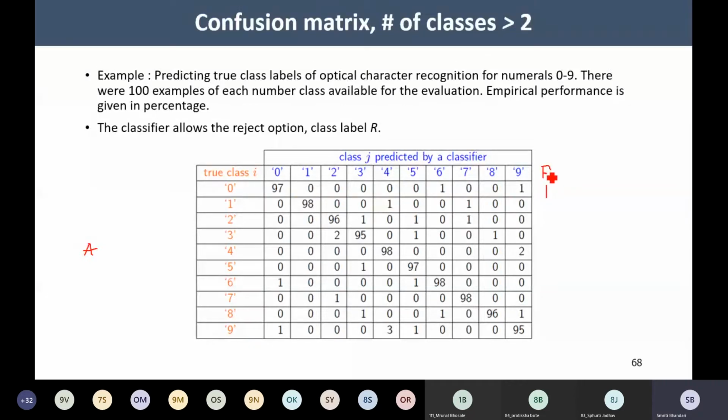So I may have this additional class if required, depending on whatever is my problem statement. Right? So I hope you must have understood the concept. May I proceed?